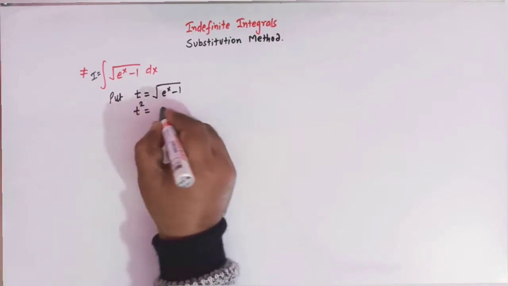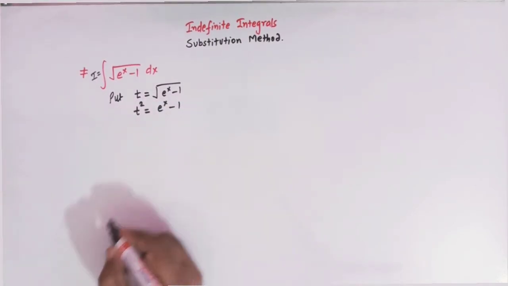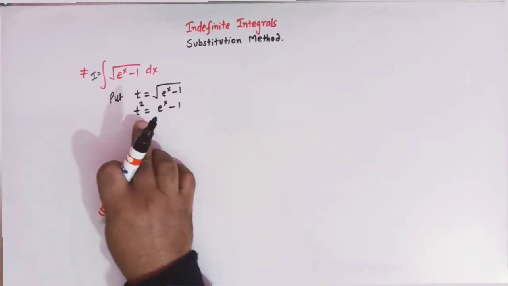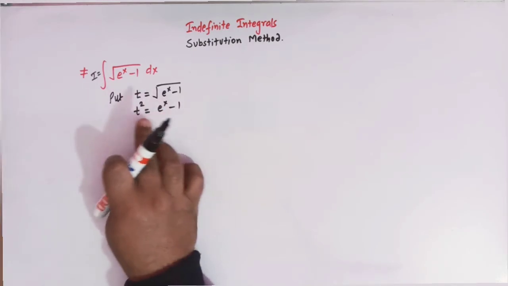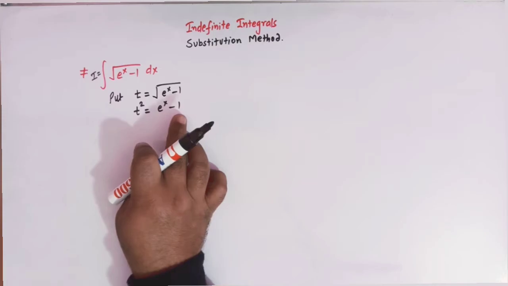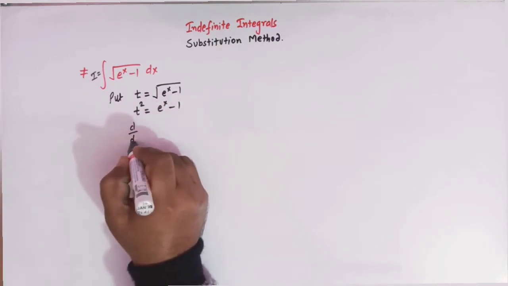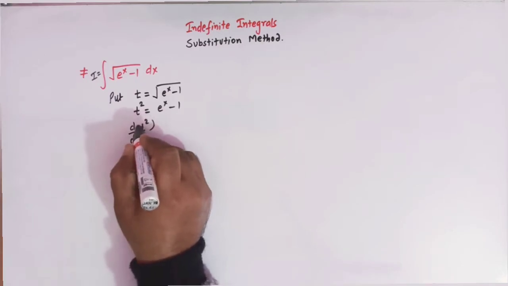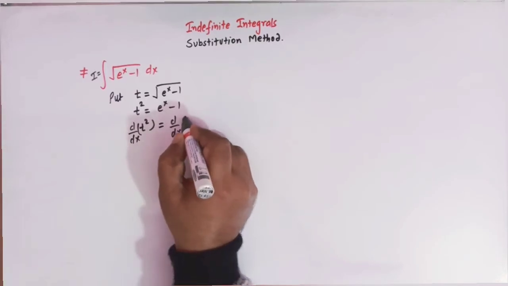We get t square is equal to e raised to x minus 1. Now we have t square equal to e raised to x minus 1, and let us differentiate both sides with respect to x. If we take the derivative of both sides with respect to x, then we have this expression.